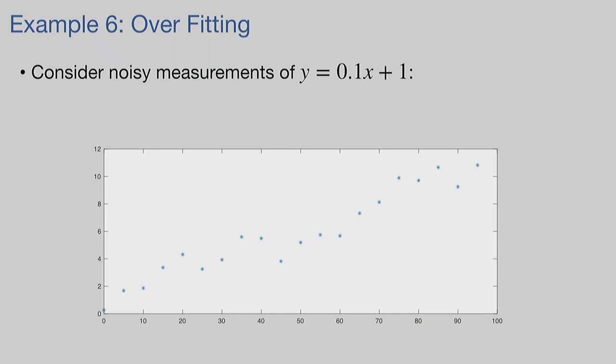So now here's a super interesting problem. You see those points? I generated them. You know how I generated them? I created an array that is 0.1 times x plus 1.